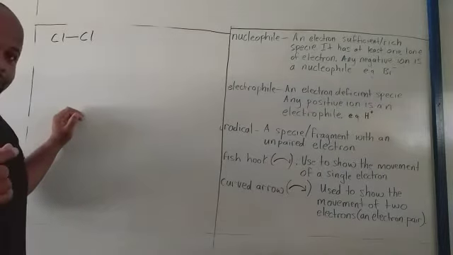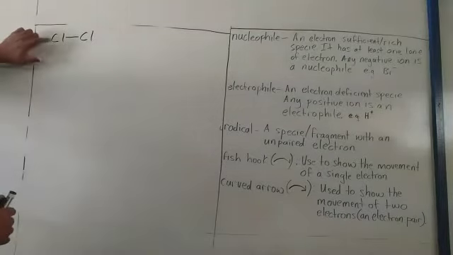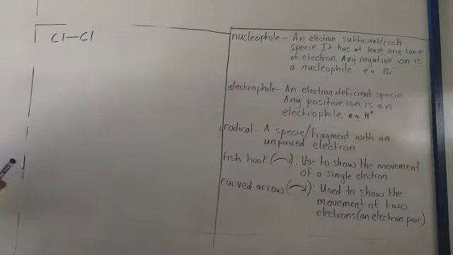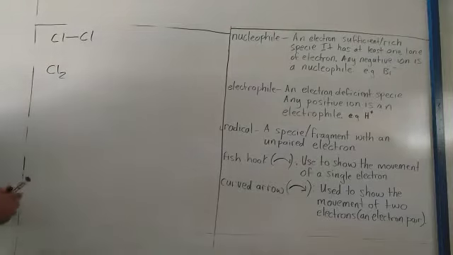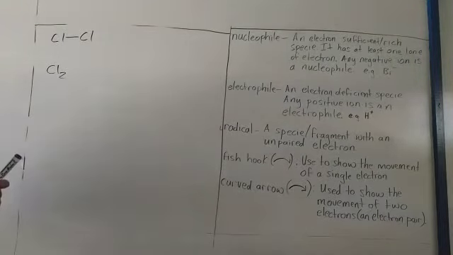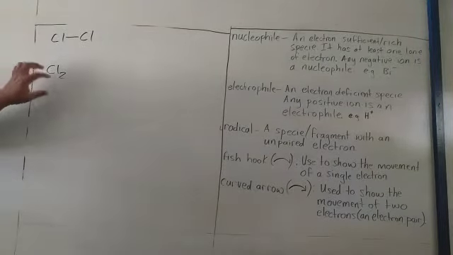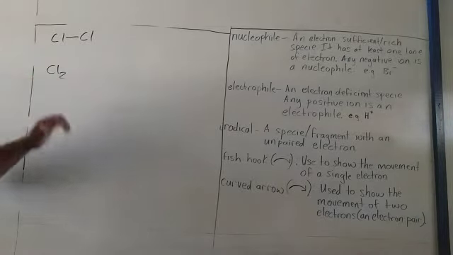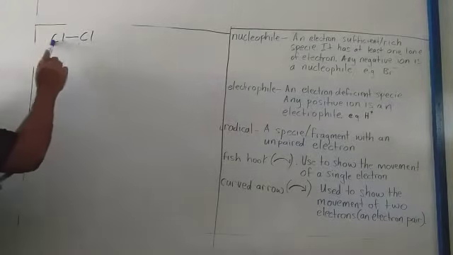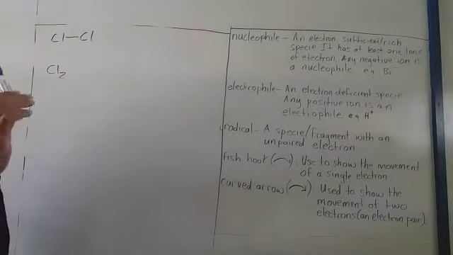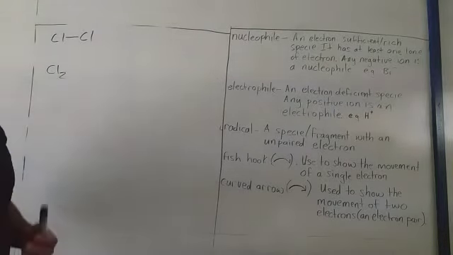If you look at the molecule of chlorine, so the example we're doing is a molecule of chlorine. When this chlorine molecule breaks, how will it break? Because it is the same atoms, that means the electronegativity is the same.